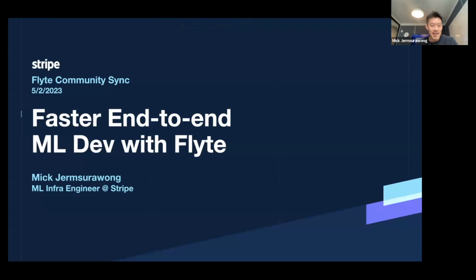So the topic today is called Faster End-to-End ML Dev with Flyte. I want to focus on end-to-end because a lot of the time when people talk about tooling and focus on a specific aspect of it, it doesn't really encapsulate the reality of ML development, which spans more than just training.